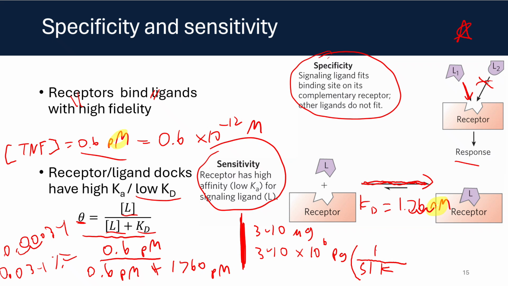per mole. Let's neaten that up a little bit. That means we have approximately 6,666 picomoles present.